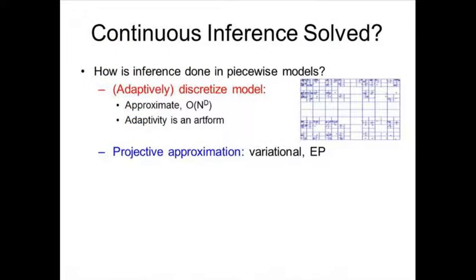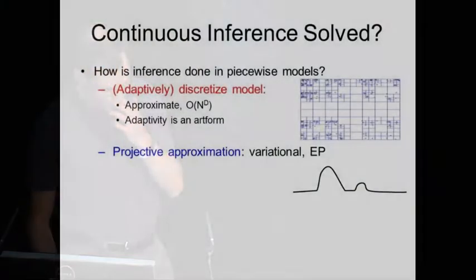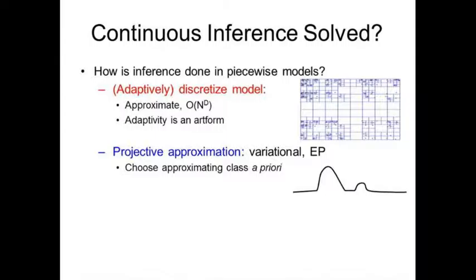Now one group of methods that are commonly used here, and that I know are very good, are projective message approximation methods, variational or EP. So you have some distribution. It might not be convenient to work with, so you choose the approximating class, typically a priori, often Gaussian.